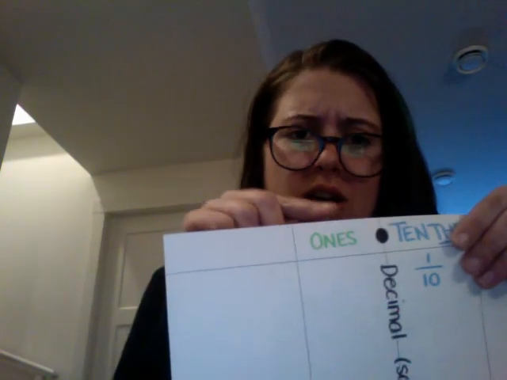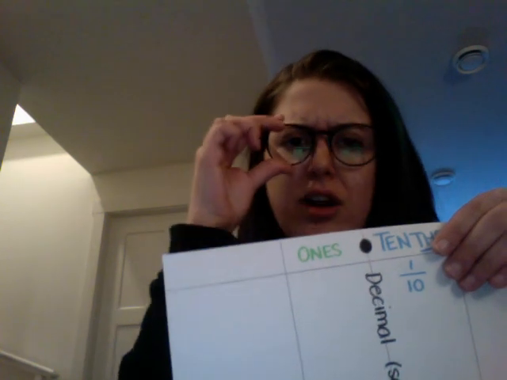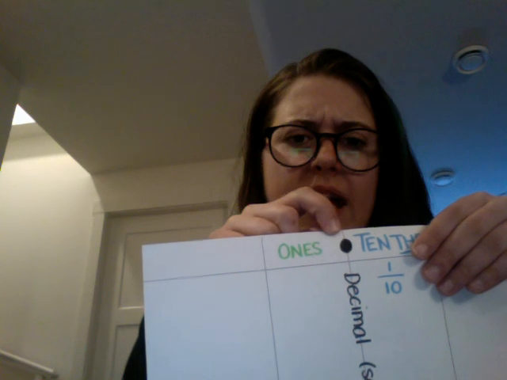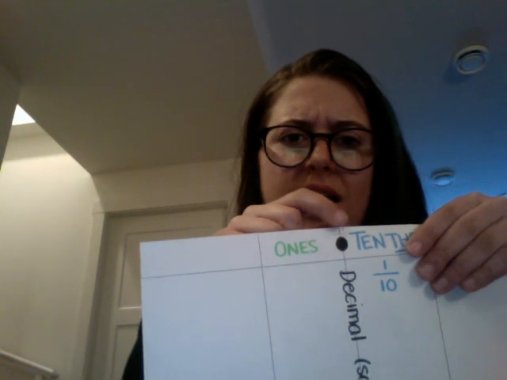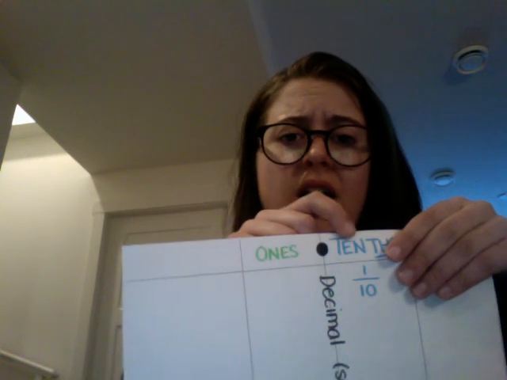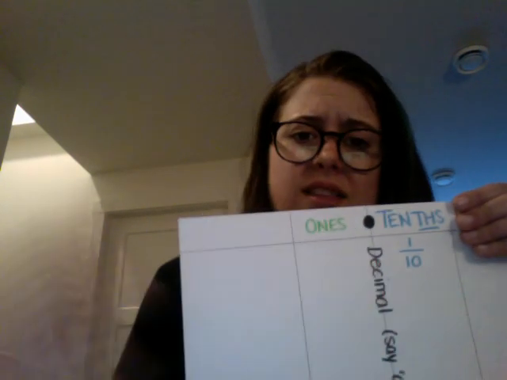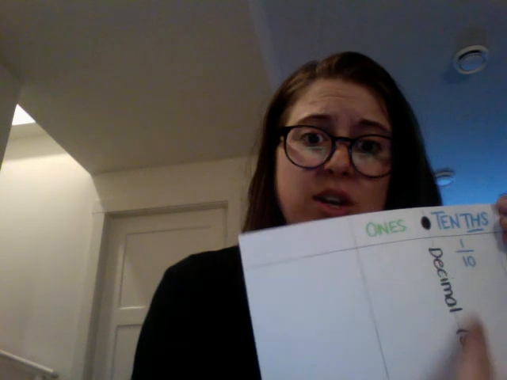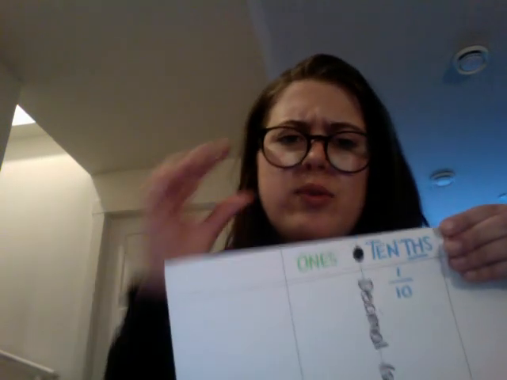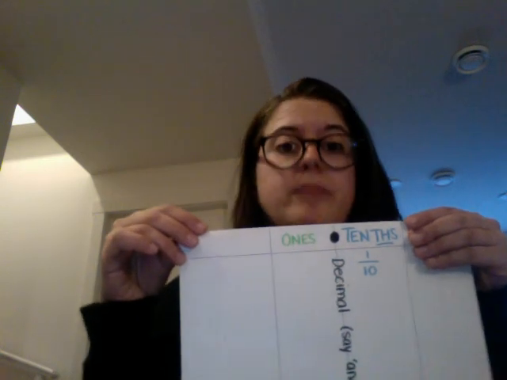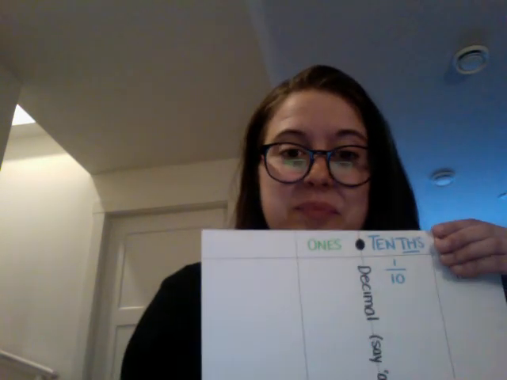So we talked about how after our ones place value, there's actually a decimal point. And that decimal point is followed by our tenths place value. We mentioned yesterday that there are 10 tenths in one whole. An example we used was money.